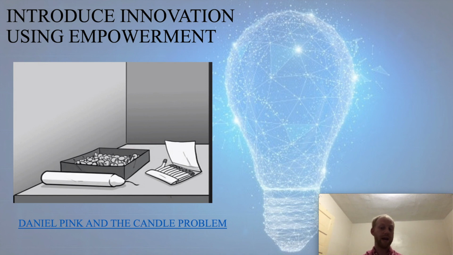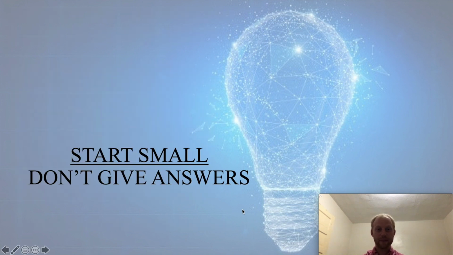Those groups did it faster and were more successful than the groups who said, I really want the money. I want to do it the fastest, so I want the money. So what this proves is that the carrot at the end of the stick is not as supportive as the power of choice and empowerment. So check out Daniel Pink and the Candle Problem online.